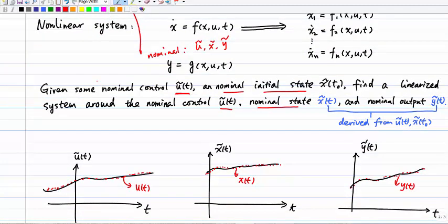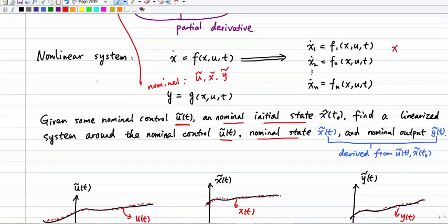So this is the figure showing what this really means. First of all, what does this tilde really mean? For certain nominal control input, I can compute the state based on this equation. If I give the nominal initial value and nominal control input, and put it all in these equations, I can figure out the actual solution x tilde(t).